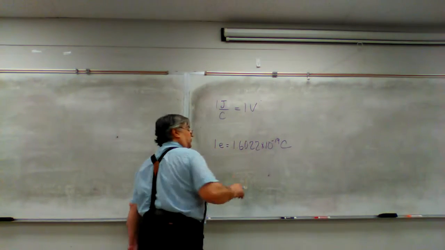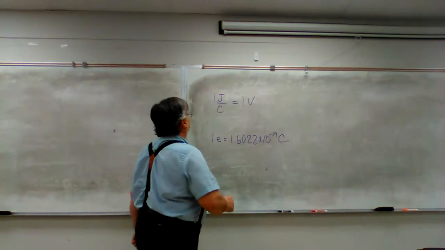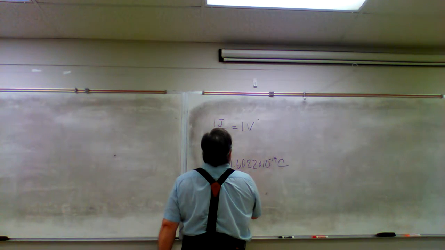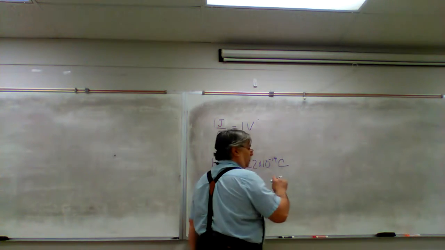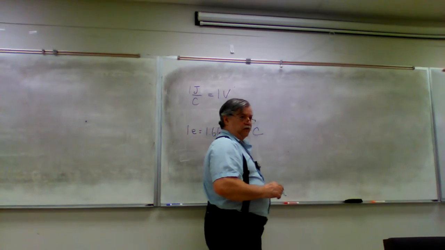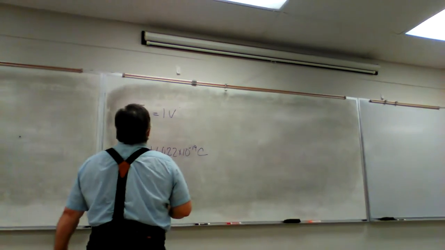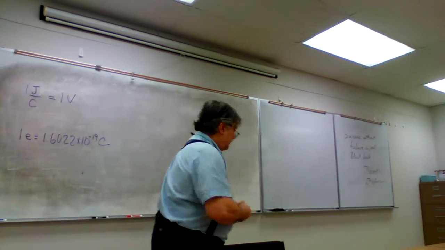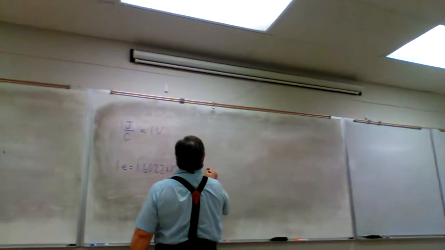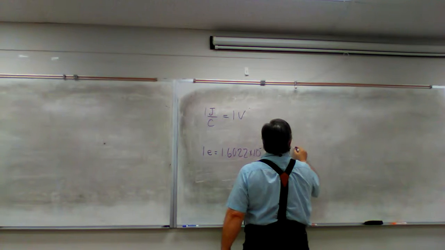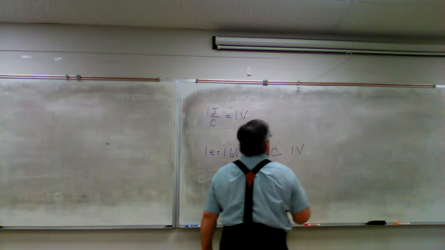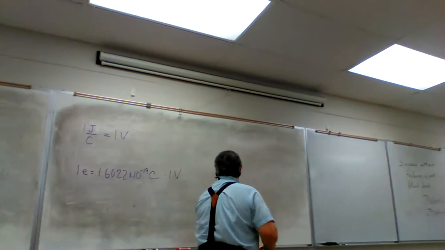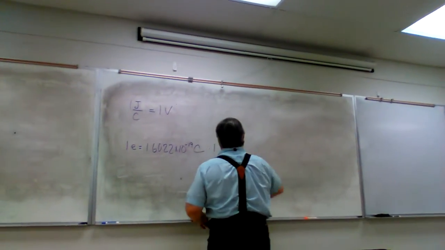So if you take the charge of 1 electron and you push it across 1 volt of potential difference, what are you multiplying it by?